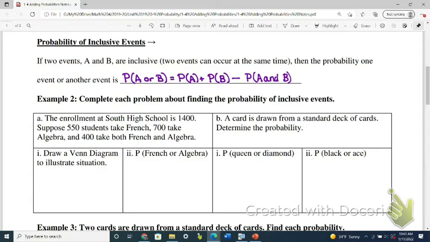So the enrollment at South High School is 1,400. Suppose 550 students take French, 700 take algebra, and 400 take French and algebra. So first thing I'm going to do is go ahead and draw a Venn diagram. Remember, those are just two overlapping circles.